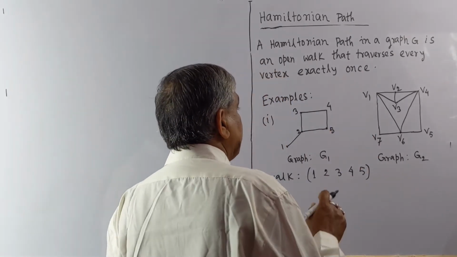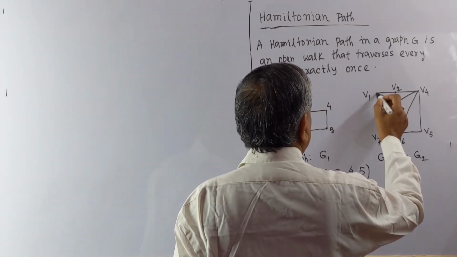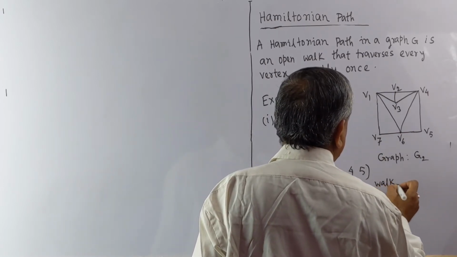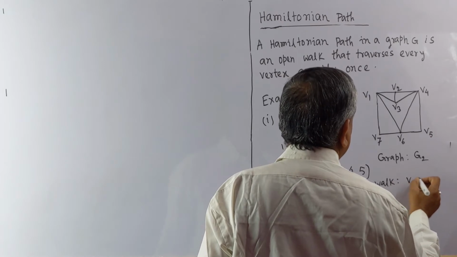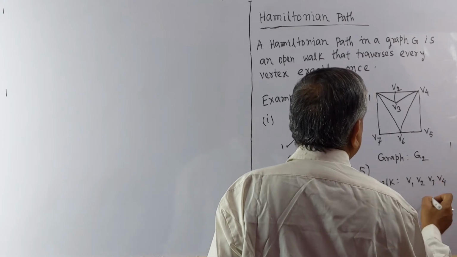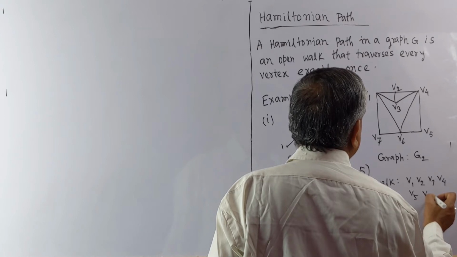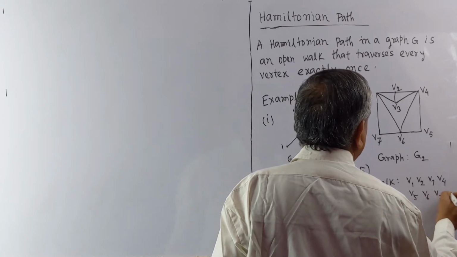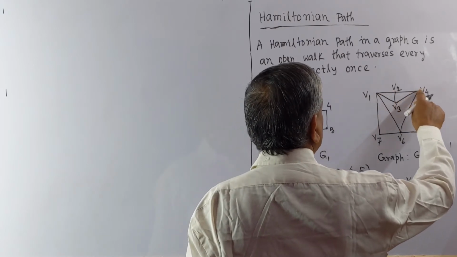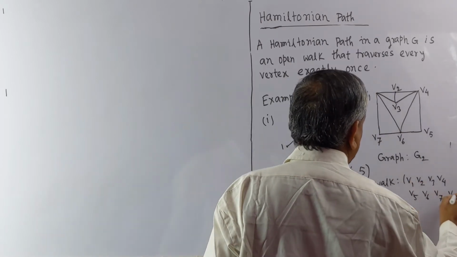If we start our walk from V1, then V2, then V3, then V4, then V5, then V6, then V7, then V1. Here V1, V2, V3, V4, V5, V6, V7, V1. This is a closed walk.